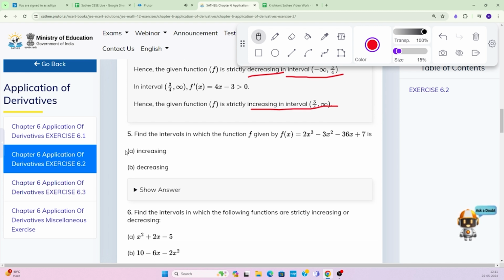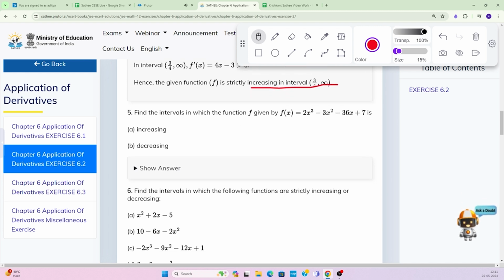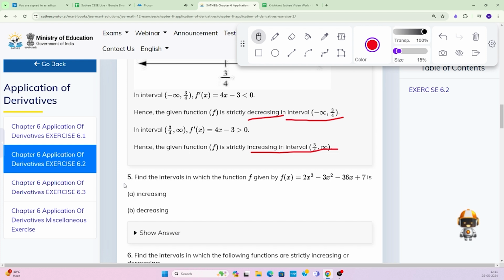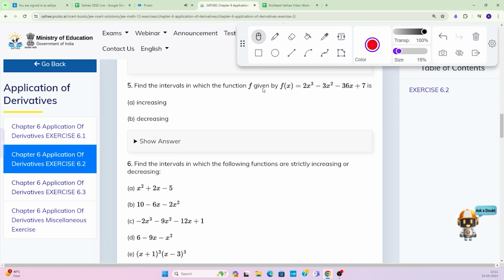Now problem 5. You have to do the same thing: find the first derivative and analyze that first derivative expression, when it becomes positive and when it becomes negative. So f prime will be 6x square minus 6ax minus 36.